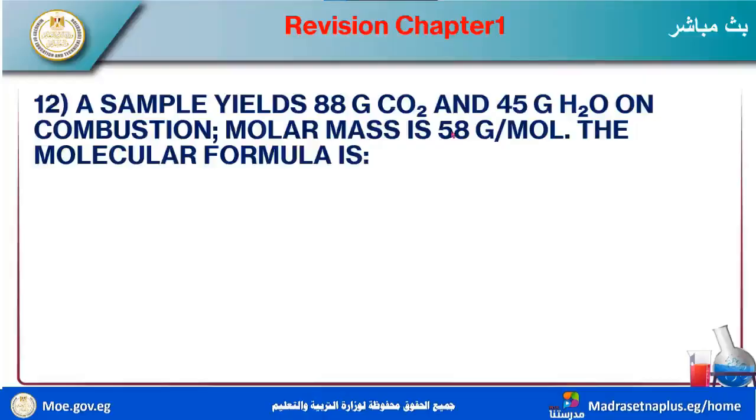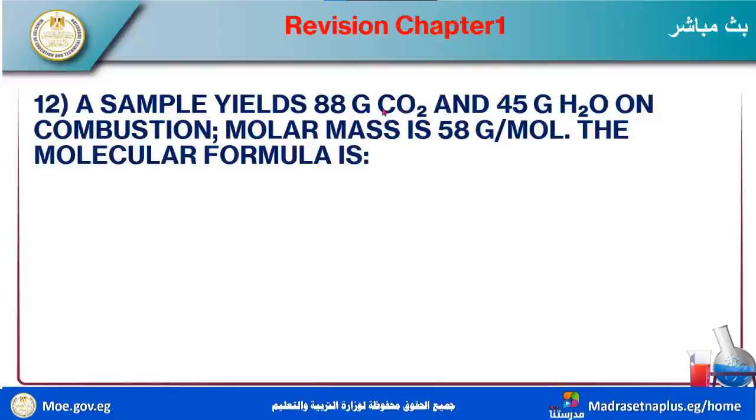You must first calculate the number of moles of carbon dioxide: divide 88 by the molar mass of carbon dioxide, 44, which equals 2. We have produced 2 moles of carbon dioxide.